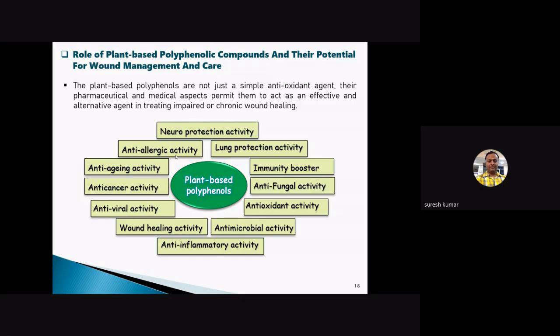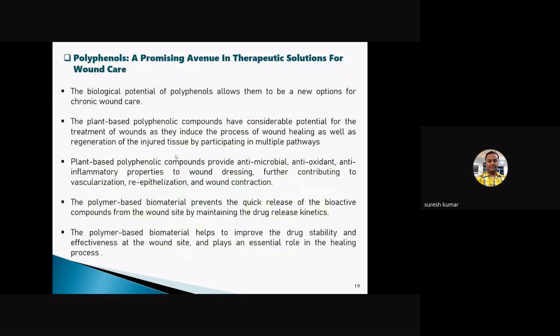The only disadvantage or limitation of using a plant-based polyphenol alone is the drug delivery, as the half-life of the polyphenol decreases. So nowadays, most researchers use nanocomposite-based drug delivery approaches for plant-based polyphenols, which enhance the sustainability of the drug delivery and also the efficiency, called the drug loading efficiency. That is why we use plant-based polyphenols in our study.